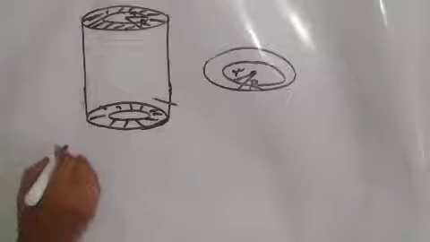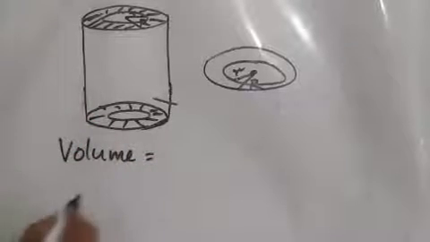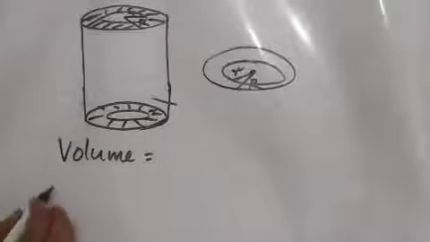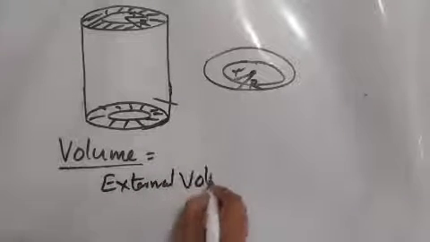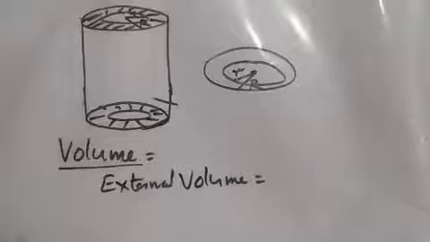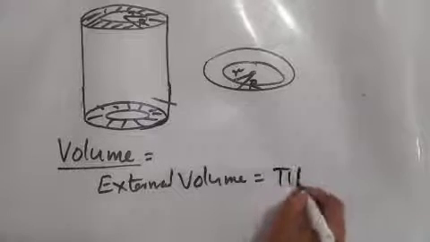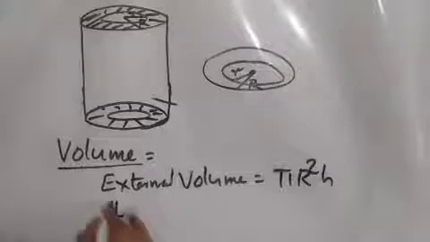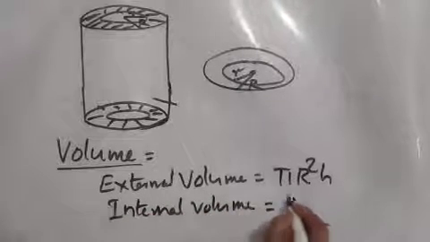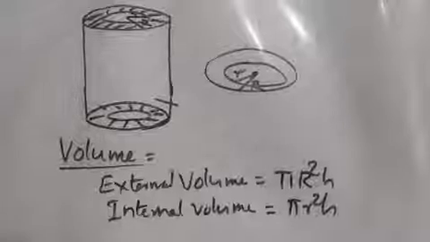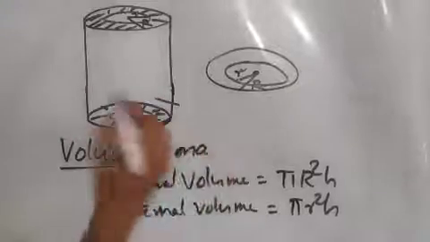So we can see. Next is volume of hollow cylinder. How can we find the external volume? External area into height, that is pi R square h. Internal volume, pi r square h. Then how can we find the volume of material of a hollow cylinder?